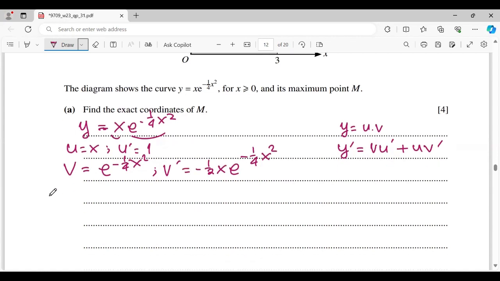So derivative y, or dy/dx, is e power minus 1 over 4 x squared times 1 plus x times minus half x e power minus a quarter x squared.